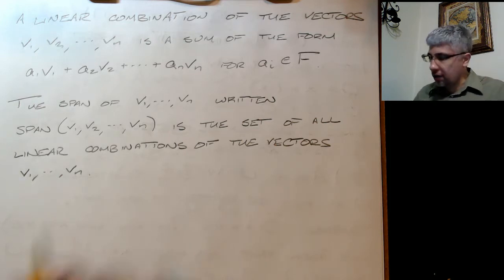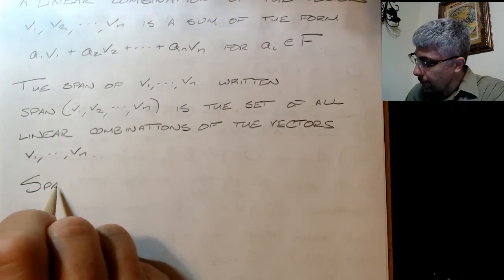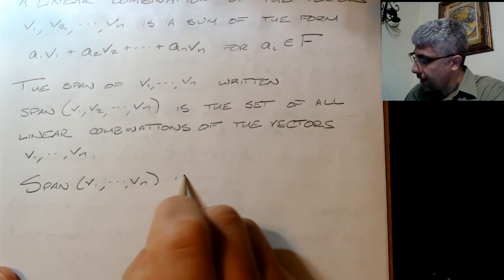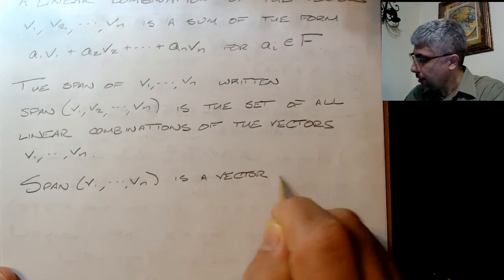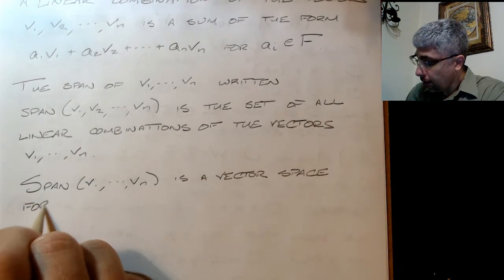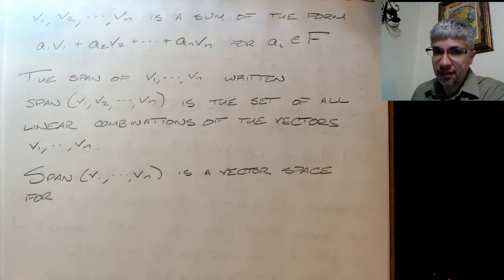We have to show it. So let's try to show it. The span is a vector space. I mean, it's also a subspace because it's going to be contained in whatever space v1 through vn exist in as well.